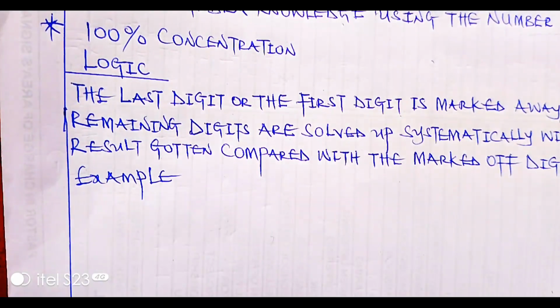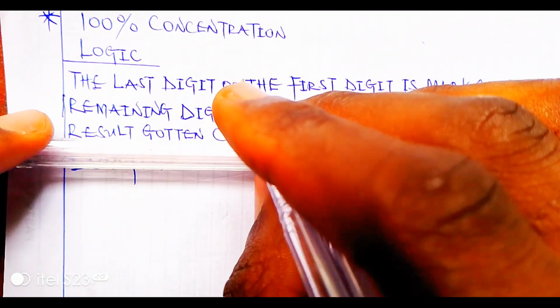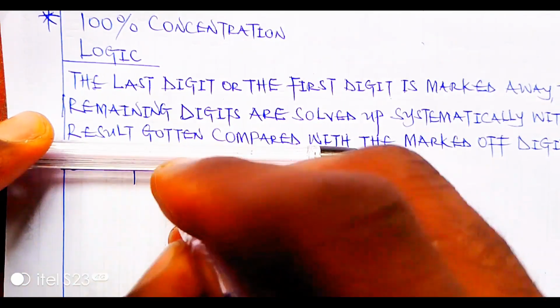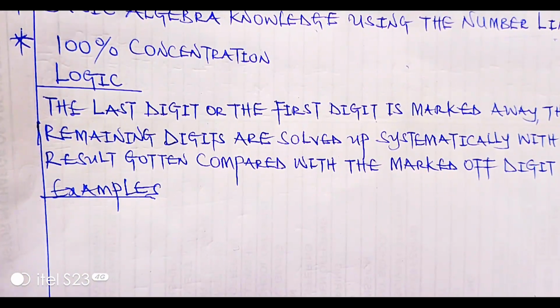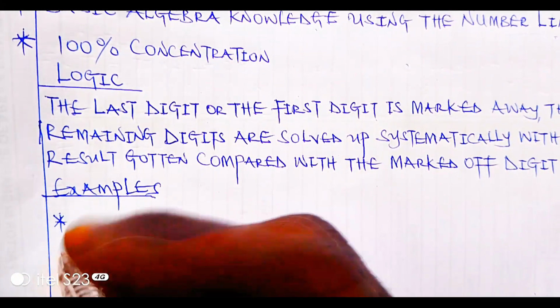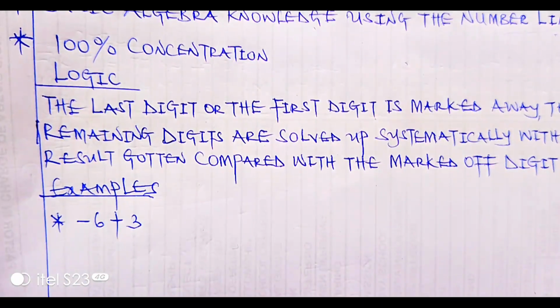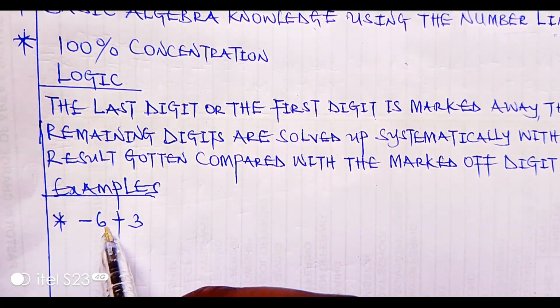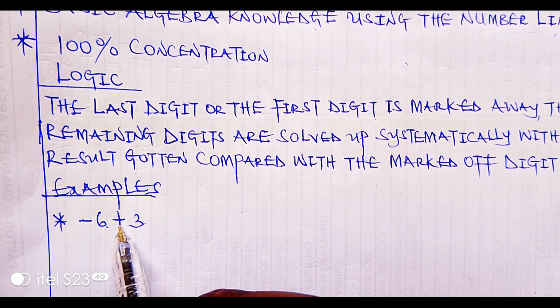But probably I'm going to be showing you a couple of examples, in case you don't know how to use the number line to solve. Let's just see this. If you're asked to solve minus 6 plus 3, for example, don't forget: what sign does 6 have? 6 has a minus, 3 has an addition sign.